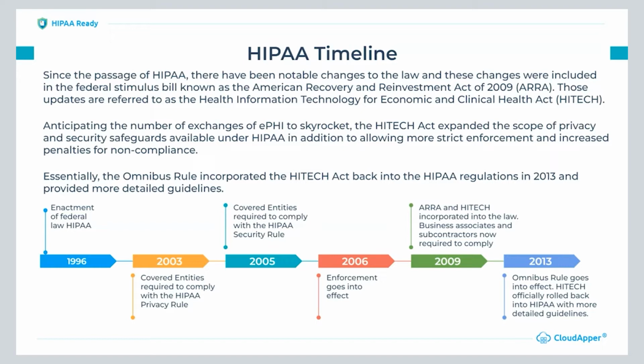Anticipating the number of exchanges of EPHI to skyrocket, the HITECH Act expanded the scope of privacy and security safeguards available under HIPAA, in addition to allowing more strict reimbursements and increased penalties for non-compliance. Essentially, the Omnibus Rule incorporated the HITECH Act back into the HIPAA regulations in 2013 and provided more detailed guidelines.